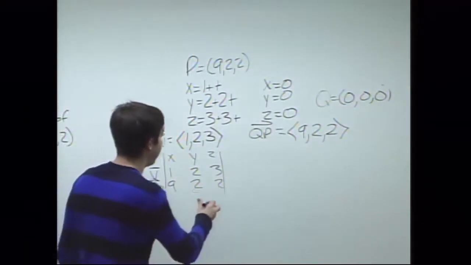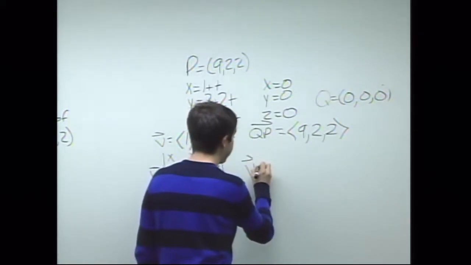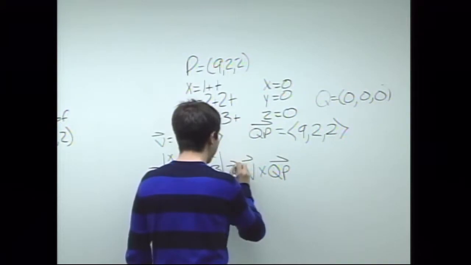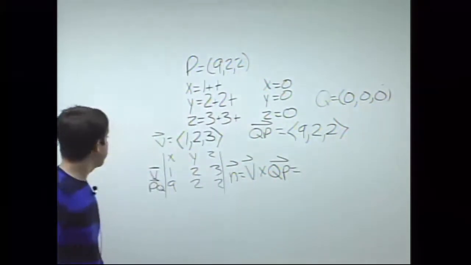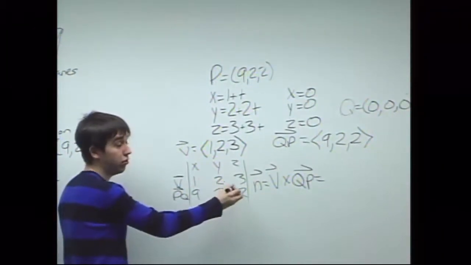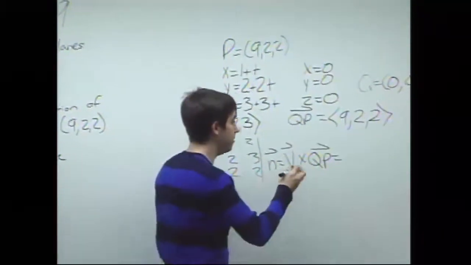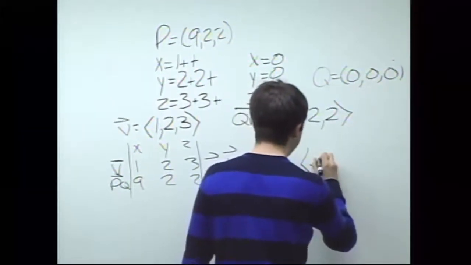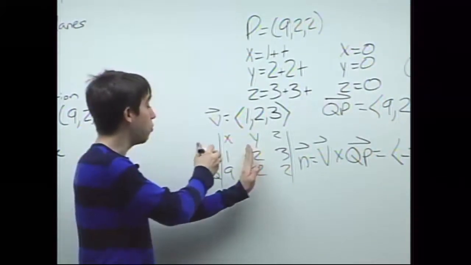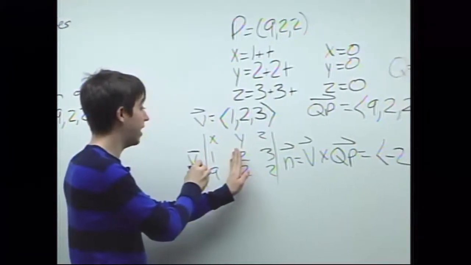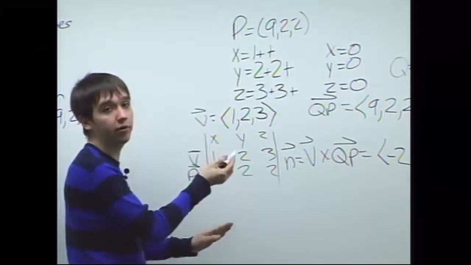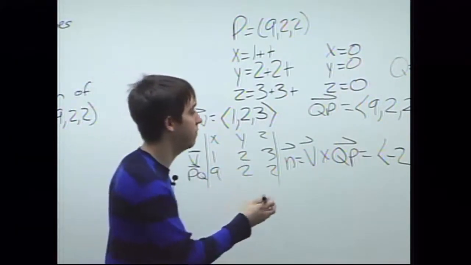The cross product of these two vectors is our normal vector. If we calculate that, the x coordinate is 2 times 2 minus 3 times 2, which is -2. The y coordinate is 1 times 2 minus 3 times 9, which is -25, but remember the y coordinate is negated, so it's +25.